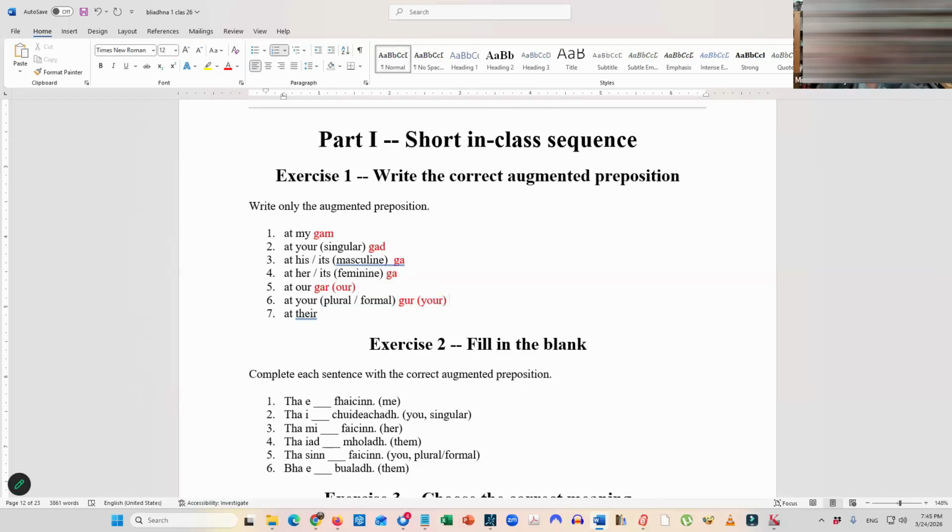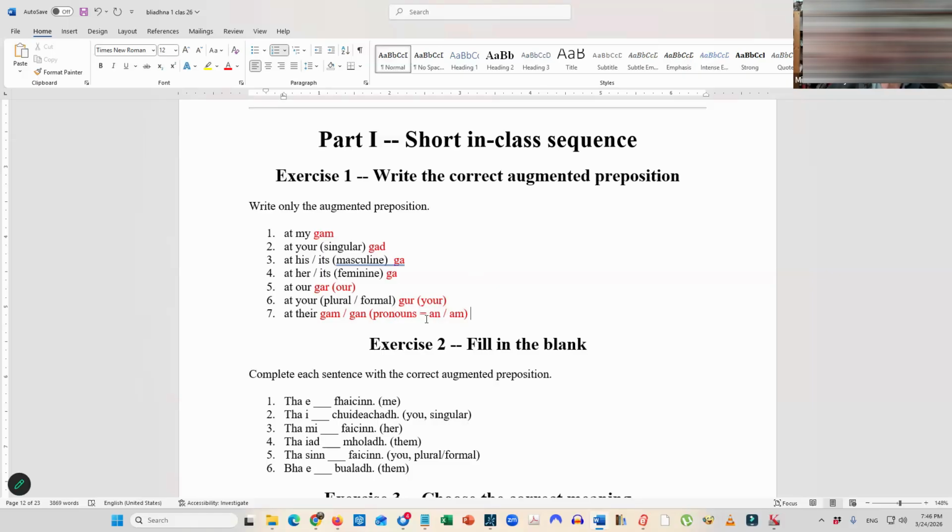That's a way to remember. So "at their" would be what? "Gum" or "gon." Yeah, "gum" or "gon." And the pronouns are also on.